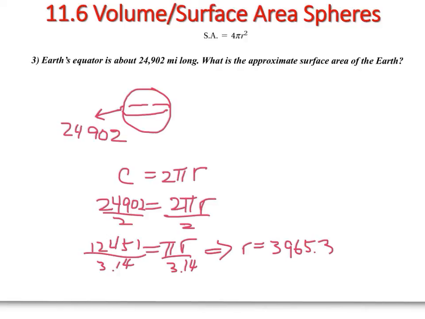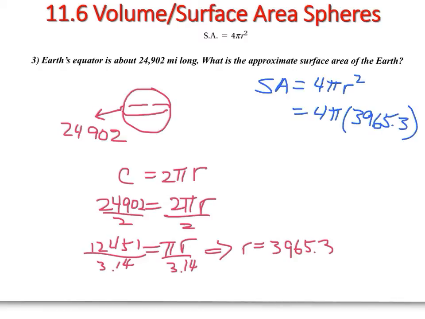We still have to calculate the surface area, so surface area is 4 pi r squared. So plugging that radius in for r, you'll have 4 pi times 3,965.3 squared.